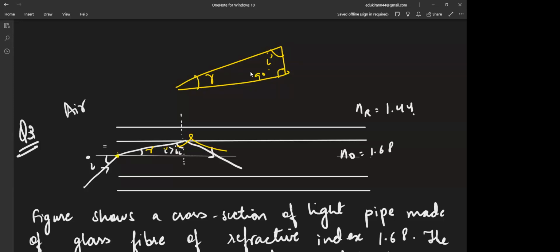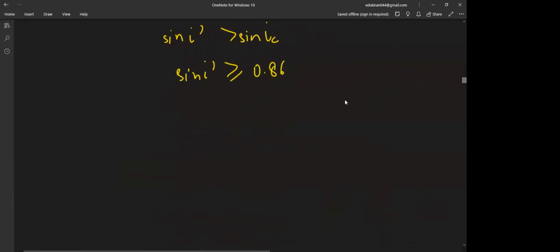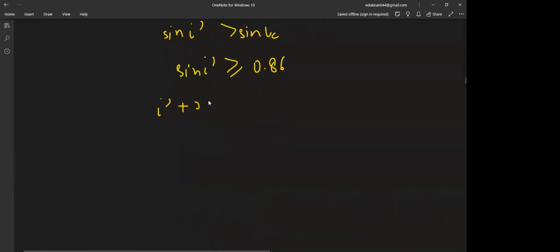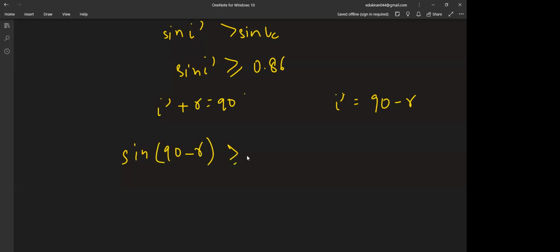So I dash plus R is equal to 90 degrees simply. So I dash is equal to 90 minus R. Now sin of 90 minus R is greater than or equal to 0.86.